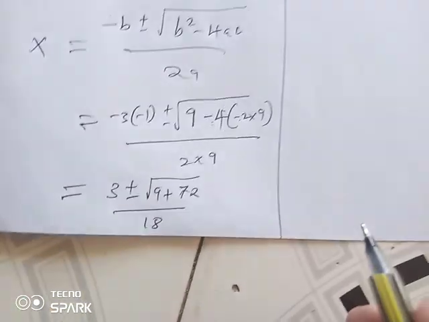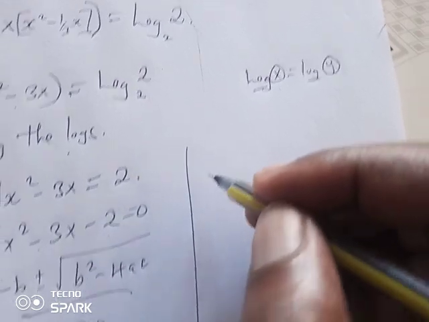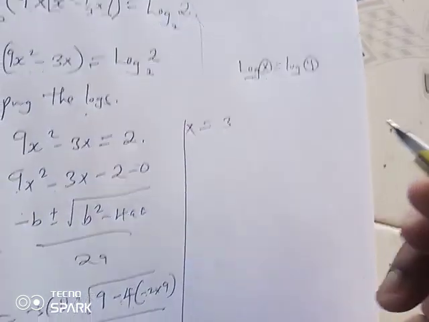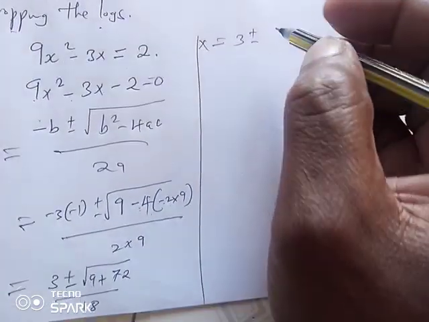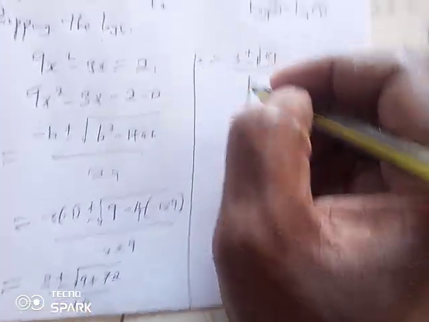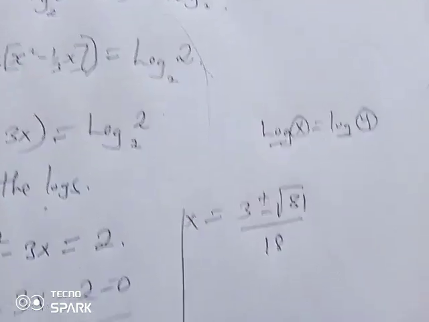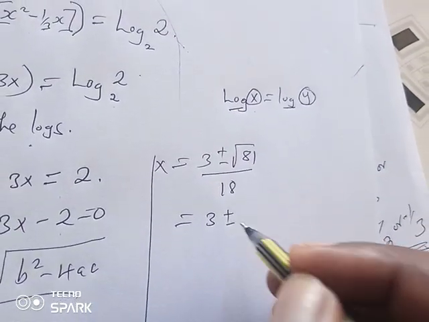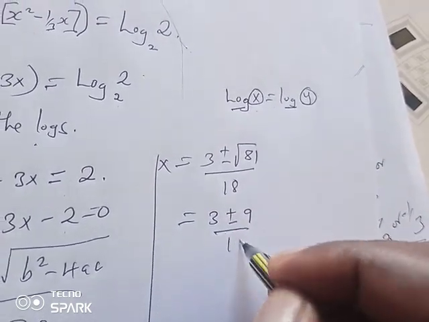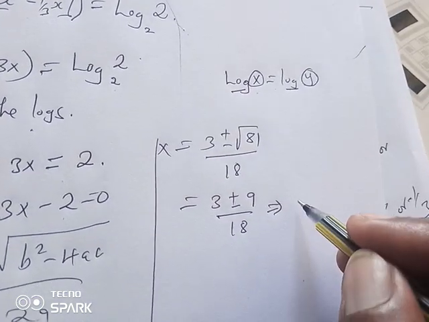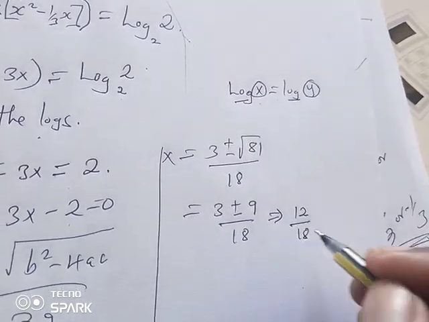So coming over this side, I will be able to reduce my equation to x is 3 plus or minus root 81 all over 18. So there we are. Root 81 is 9, all over 18. Taking 3 plus 9, we shall be having 12 all over 18.